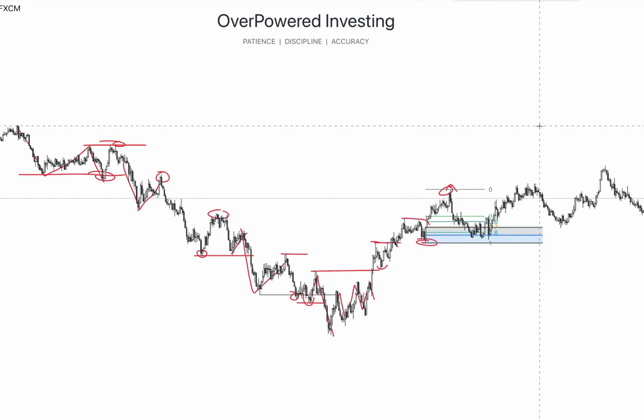There's the other side of the coin, which is finding the entries. And personally, I do have 3 core entry models that you will be able to trade 90% of the time. All market conditions, the trendy market, the rangy market, can be traded with 3 core models.